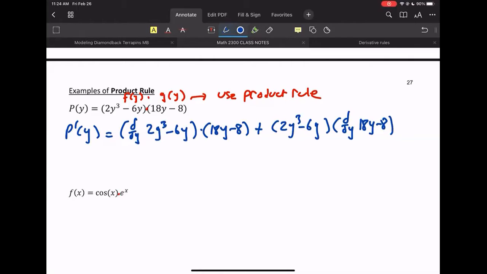I don't want to keep clicking back and forth, so it'd be a good idea if you had those rules out so you can refer to them. But you see how this is my f prime g, f g prime. How's that look?